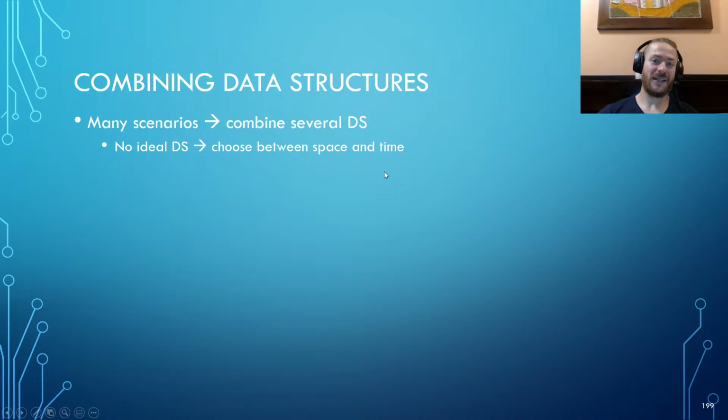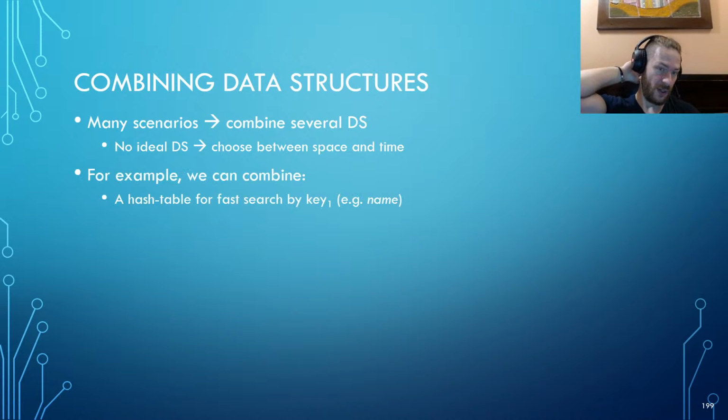So combining data structures is when you have many scenarios but you don't have an ideal data structure for all these scenarios. So you should choose between space and time. You should choose whether to store more data structures and be more efficient in terms of time, or use one data structure and be slow.